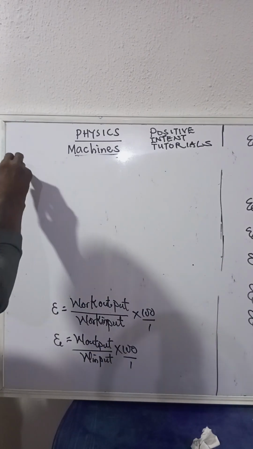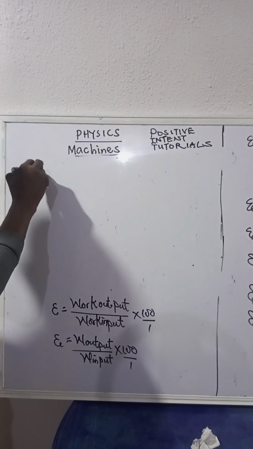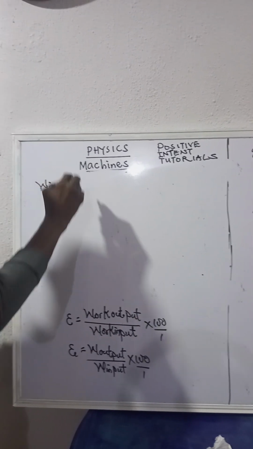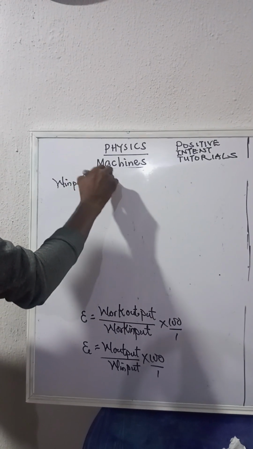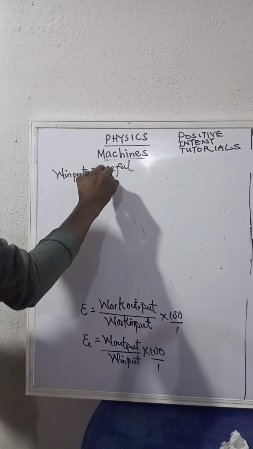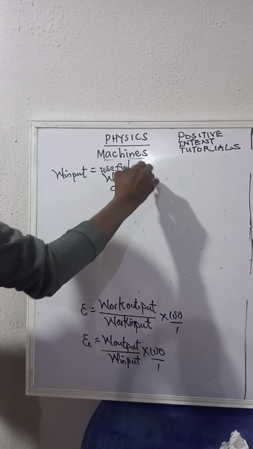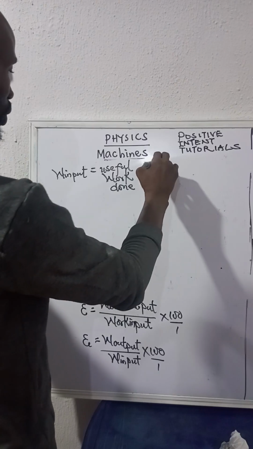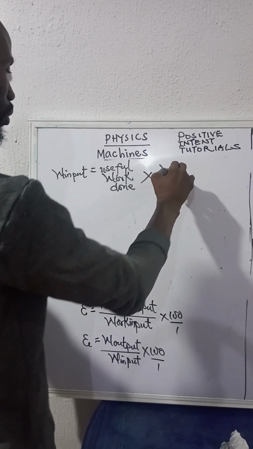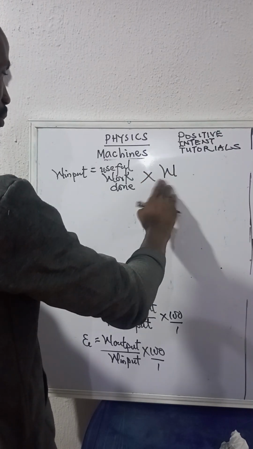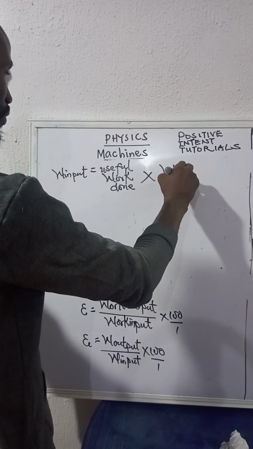See this? Work input may be equal to useful work done plus work done against friction.